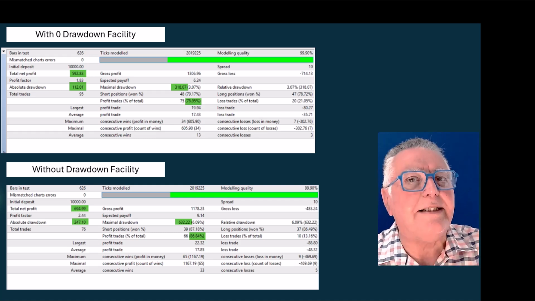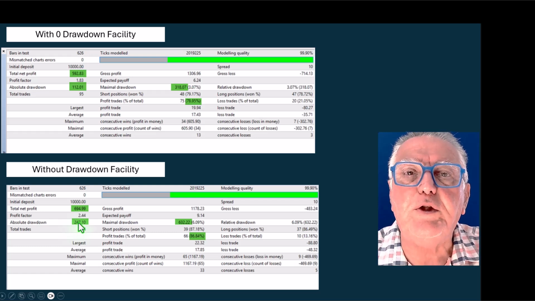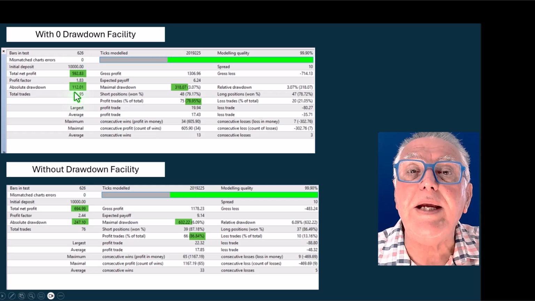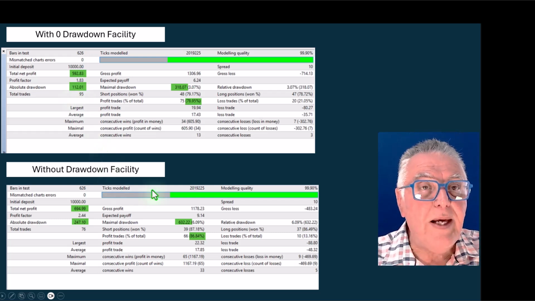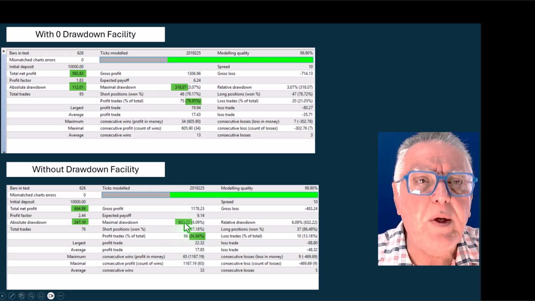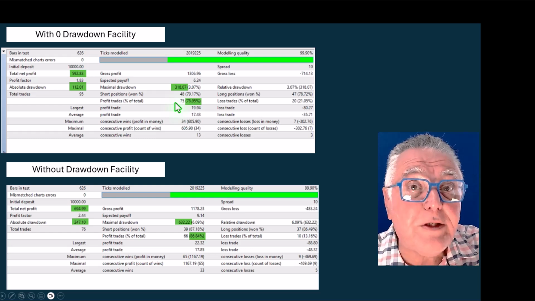But let's look at this a little bit closer. Firstly, look at the absolute drawdown. Here you have almost $250 absolute drawdown. There only $112. Then here we have a drawdown of $632. There we have $318. Almost half the drawdown.